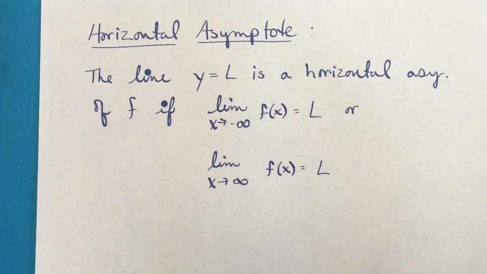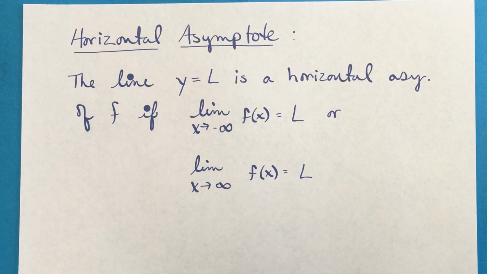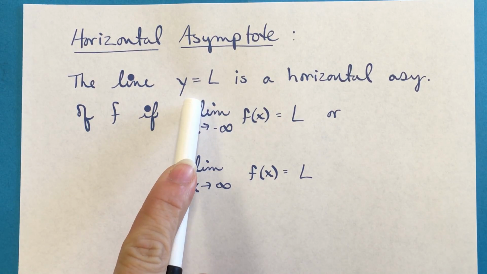Okay, next I have a statement concerning a horizontal asymptote. All right, the line y equal L. If you remember, any horizontal line is always in the form of y equals some number.